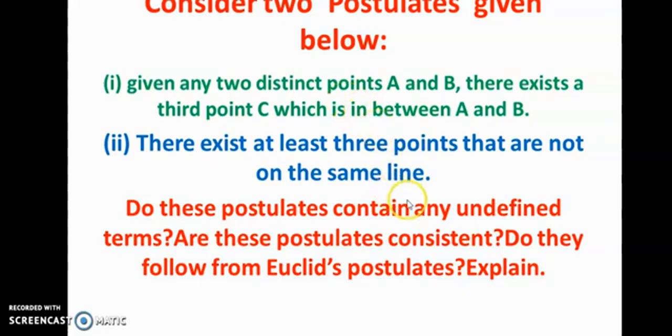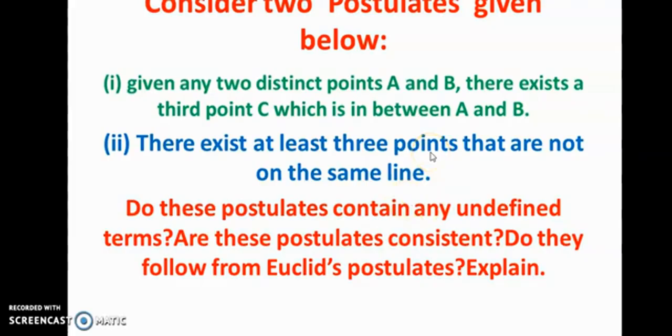Children, you know what undefined terms are and why they remained undefined. Remember, I explained it in my previous videos, isn't it? Now tell me the three undefined terms in Euclid's geometry. Yes, good. The undefined terms in Euclid's geometry are a point, a line, and a plane.